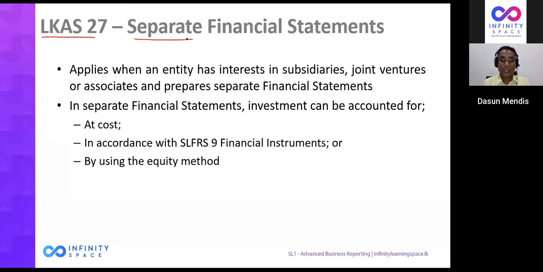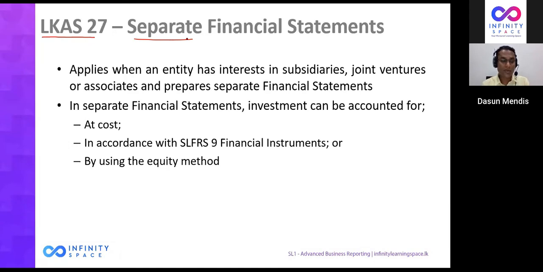Then finally, if you are a joint venturer, you have a joint venture investment. In the consolidated financial statements, this joint venture investment is equity accounted, as we looked at earlier. But in the separate financial statements of the venturer, how are we going to account for it?